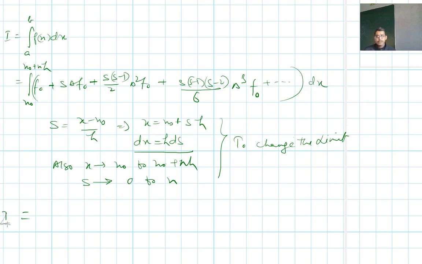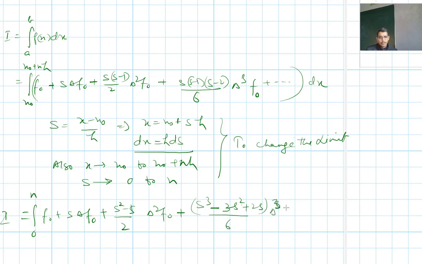So if I put these values here, and here it is dx, right? I missed it. So if I use these values here, then the integral can be written as the integral from 0 to n of f naught plus s delta f naught plus s into s minus 1, or s square minus s, let me simplify it, s square minus s by 2, delta square f naught, plus s cube minus 3s square plus 2s divided by 6, delta cube f naught, plus and so on, h ds, and h can be taken outside.